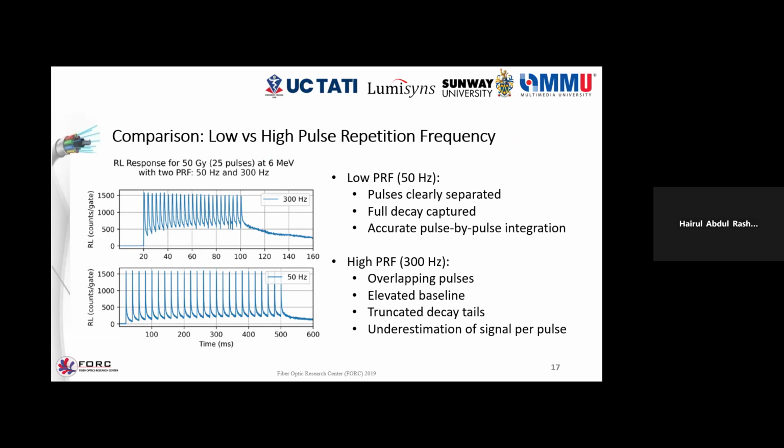The decay of the pulses is complete before the rise of the next pulse, and we were able to accurately integrate the area under the pulse for those measurements. But for high PRF, we have overlapping issues at the baseline and truncated decay tails, eventually leading to an underestimation of the signal.